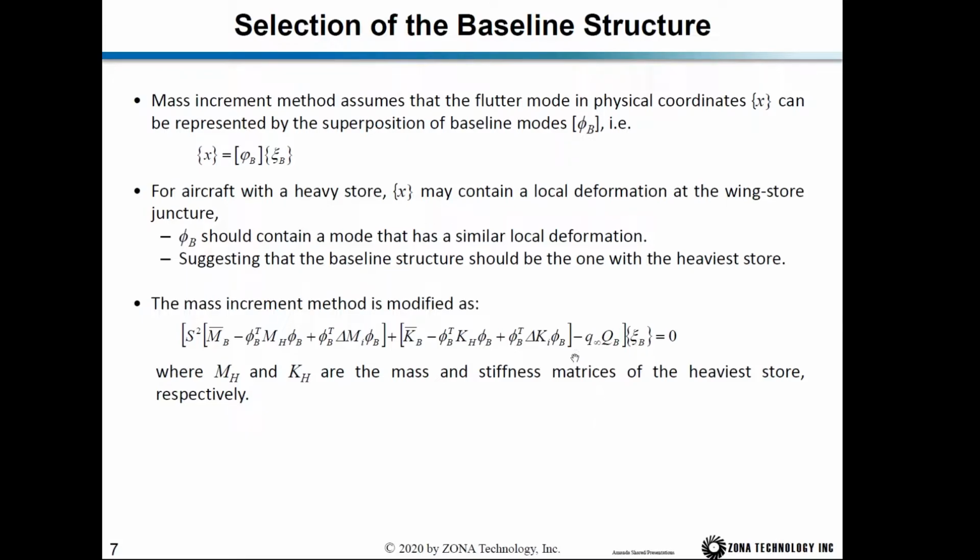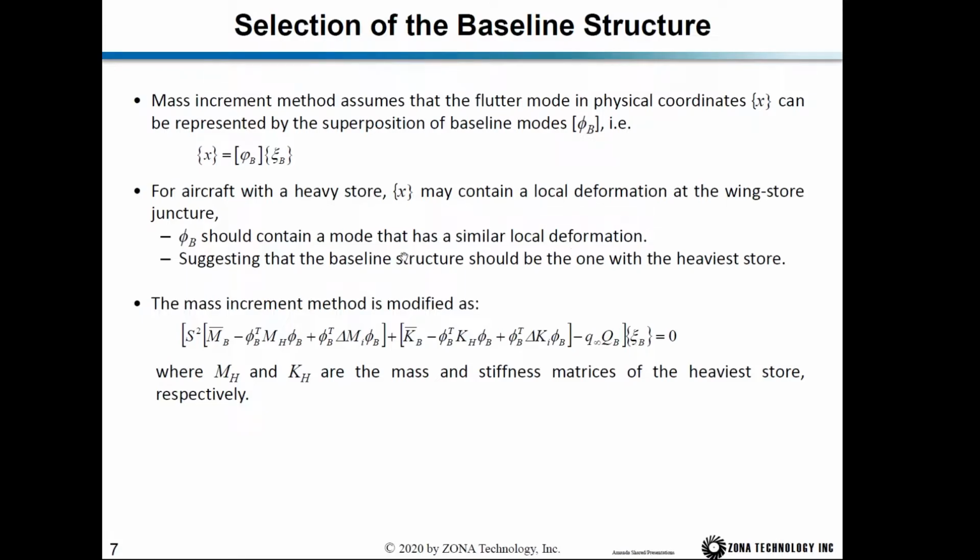The mass increment method assumes that the flutter modes in the physical coordinate x can be superimposed by the baseline modes. However, for aircraft with a heavy store, x may contain a local deformation at the wing-store juncture. So the baseline modes should contain a mode that has a similar local deformation.